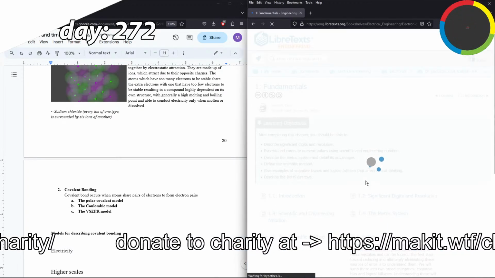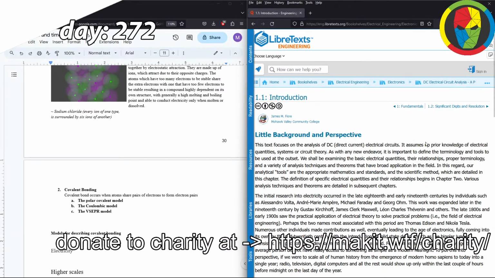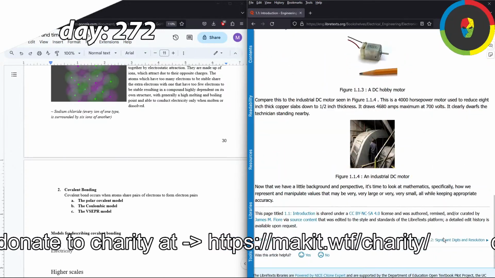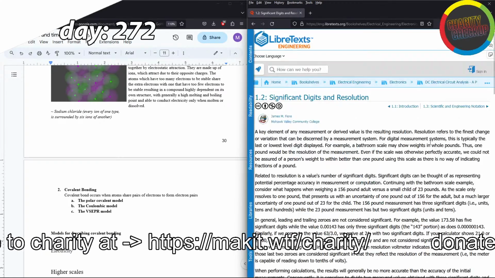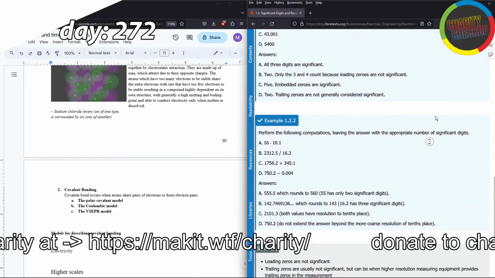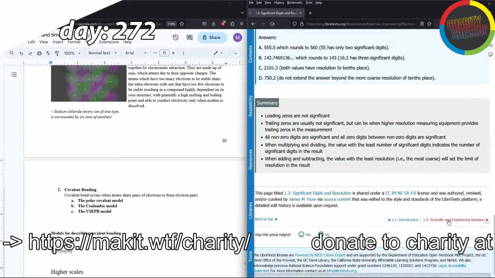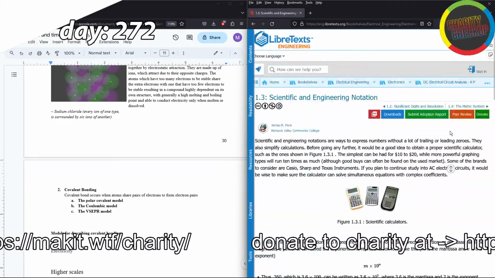So, first we're starting with fundamentals. As always, introduction. We're going to skip over most of these because we've already done it. It's the same book as the last time. Yep, cool. Lot of text. Oh yeah, and these, significant digits. Oh, these are really basics. And the metric system?